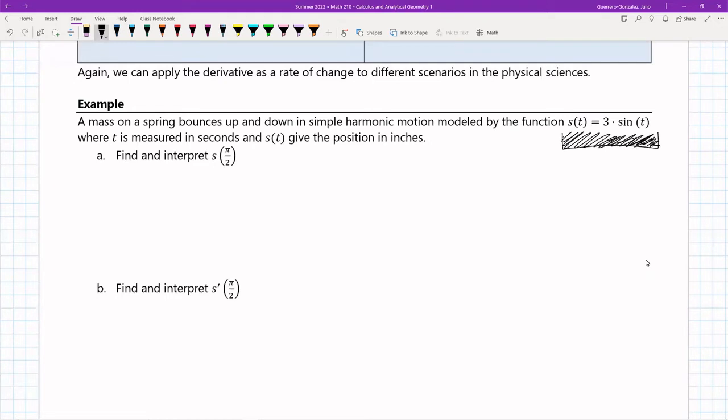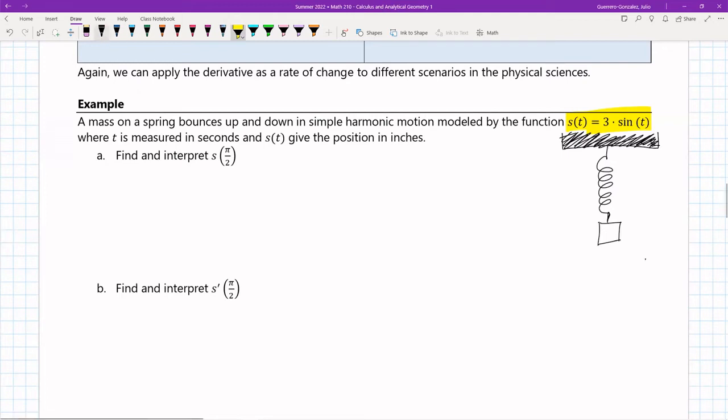So here's our spring, it has a nice little mass on it, and it is bouncing up and down, and it's modeled by this function right here, s of t equals 3 sine t, where t is measured in seconds, and s of t gives the position in inches. First of all, what we're going to do is just find and interpret s of pi over 2.